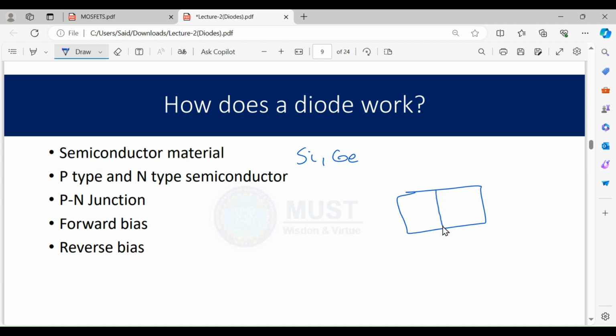When we construct it, when we add p-type and n-type doping, diffusion will occur, because on this side we have a majority of holes, and on this side there are electrons.